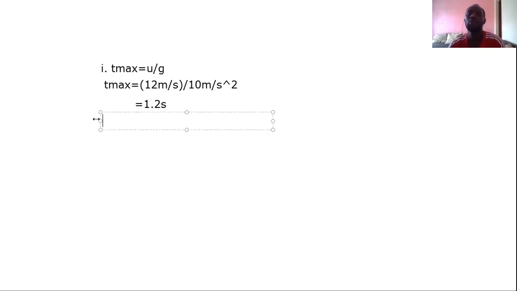Question number 2, what is the Ymax? Ymax here is equal to initial velocity squared divided by 2g.